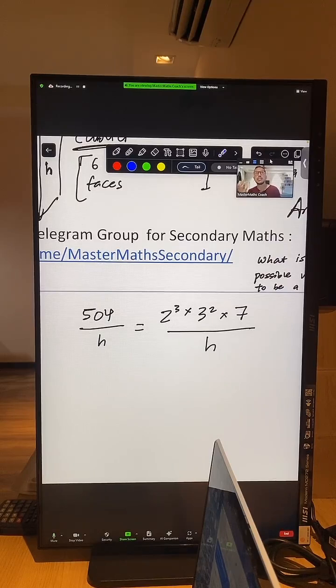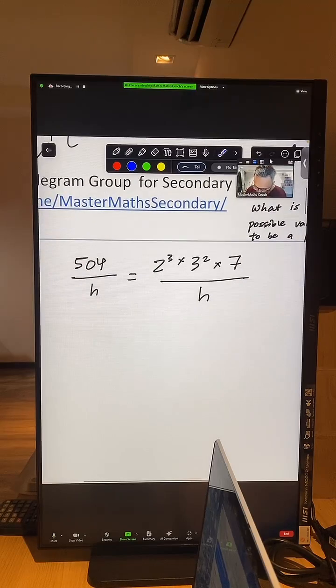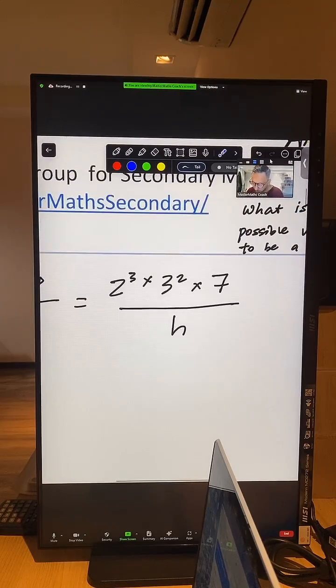A perfect square basically is a number that if I were to square root, I will get a whole number like 25 or 36 or 81. Now, what is the smallest possible value of my h for this to happen?